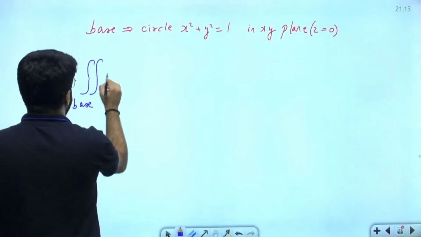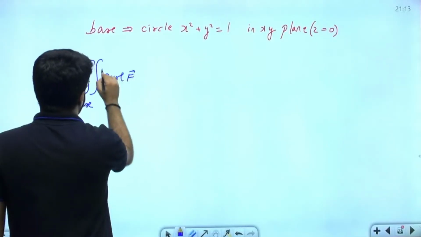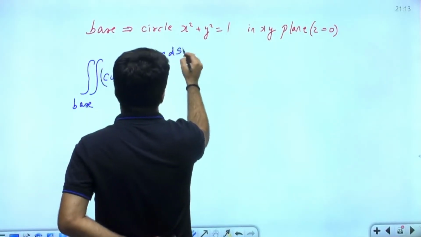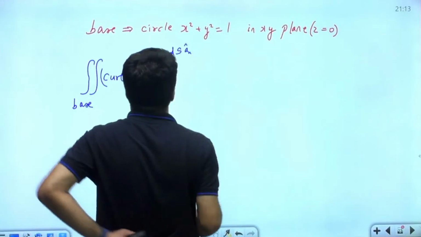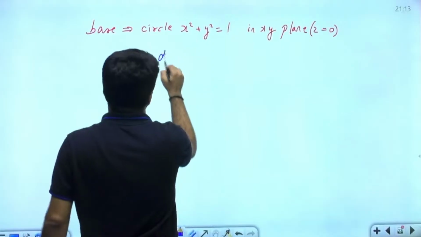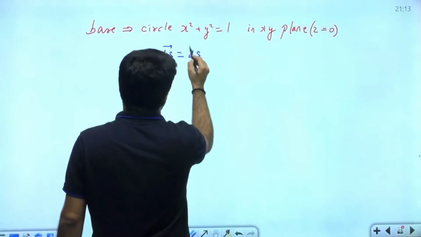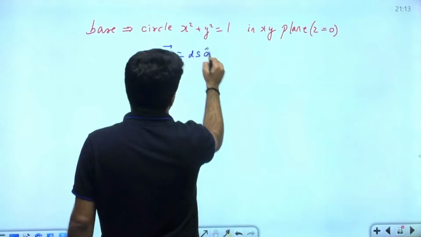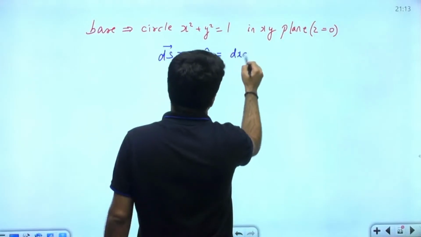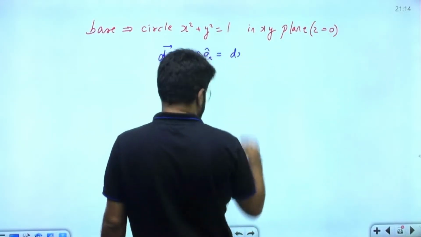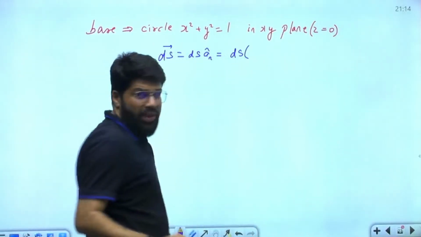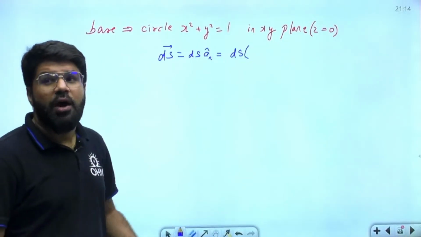Now, solving the double integral of curl F dot ds along this base, first of all, how do we express ds? We know that ds is expressed as ds times n cap, where ds, the differential surface area, is the magnitude, and n cap is the unit outward normal vector.